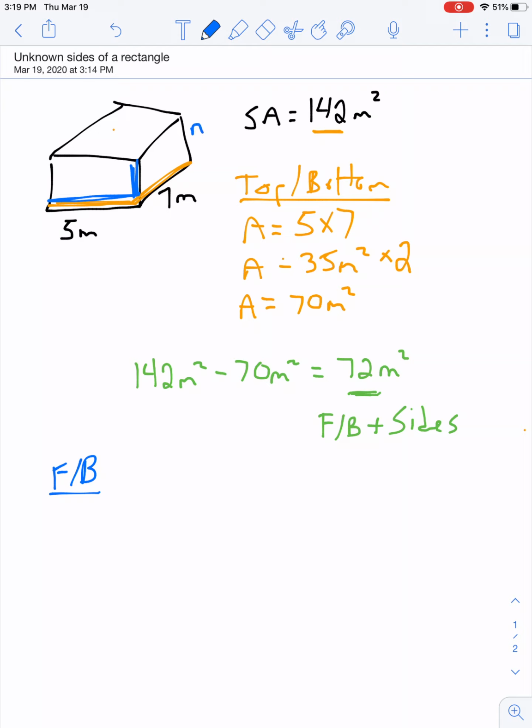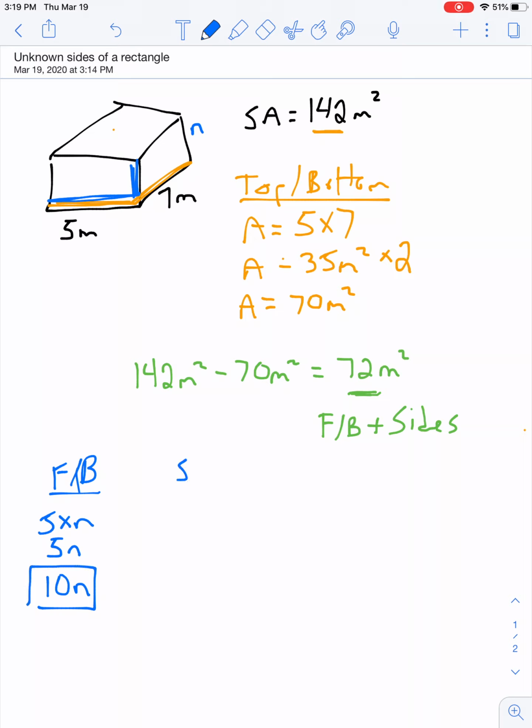So now I know that this edge is going to be 5 times n. 5 times n is 5n, and recognizing that I have a front and a back, that's the same as saying 5n plus another 5n. In total, that would mean I'd have 10n. So my front and back is made up of 10 times an unknown number.